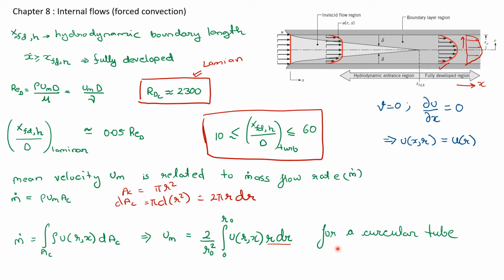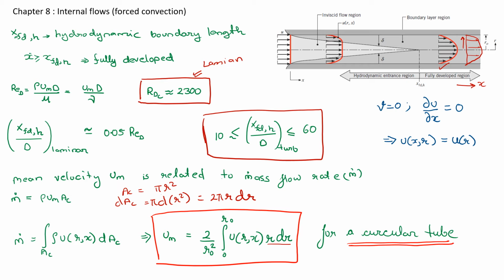And remember, this relation for u mean is true for a circular tube. So we've assumed that our internal flow here is occurring in a circular tube. You can have internal flows in rectangular ducts, which you see in a ventilation system.